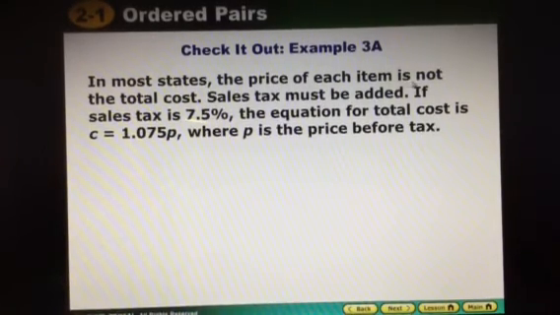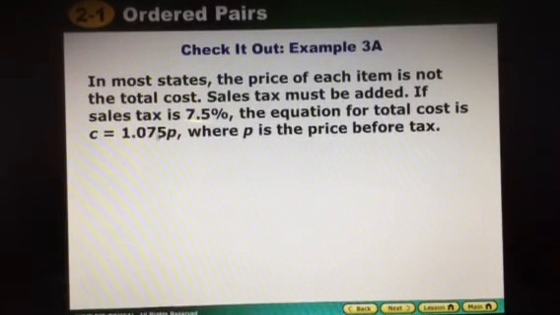In most states, the price of each item is not the total cost. Sales tax must be added. If sales tax is 7.5%, the equation for total cost is C, total cost, equals 1.075 times P. The reason it's 1 plus 0.075 is because that way we will get the 1, which will be the actual cost of the item when we multiply it times the price.